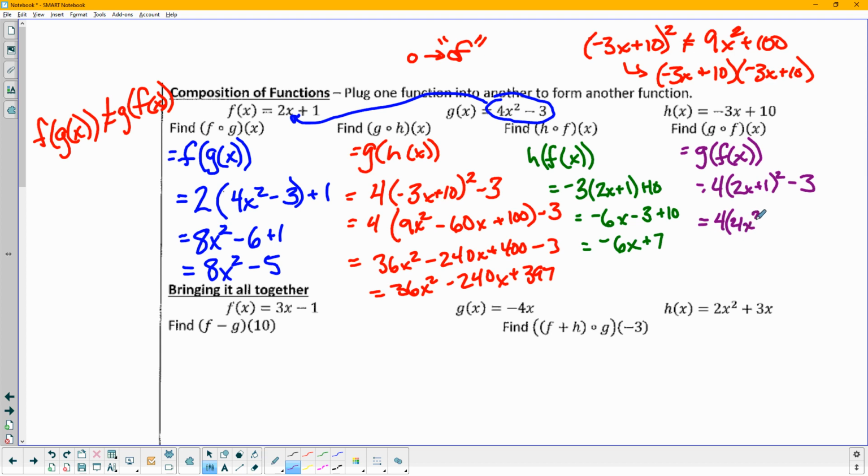So that's 4x squared. The first one times the second one times 2. So 2x times 1 times 2. Well, that's just going to be a 4x. And then the second term squared. 1 squared is 1.